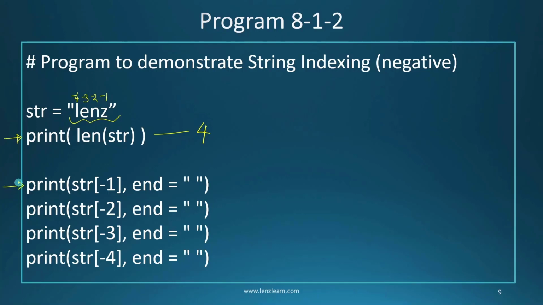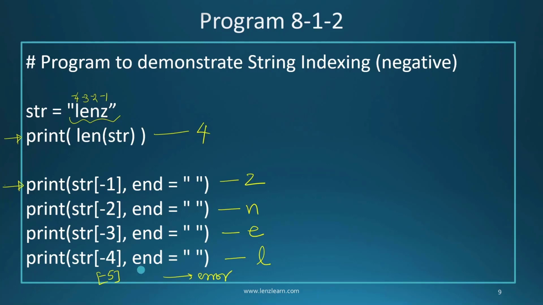In the second print statement, I am printing the character available at -1, so this will print Z, -2 will print N, -3 will print E, -4 will print L, and if you try to print -5, that will give an error.